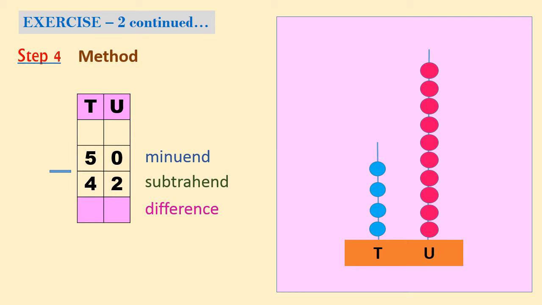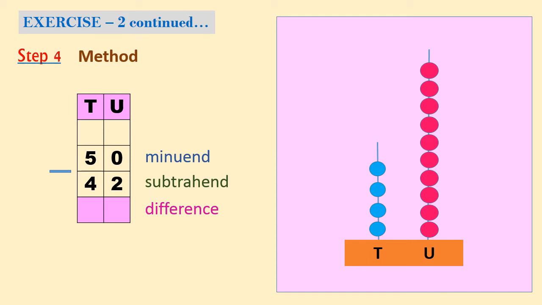Here, in the units house, we have digits 0 minus 2. 2 is a bigger digit. We cannot subtract it from 0. So, borrow 1 tens from tens house. In tens house, we have 5 tens.